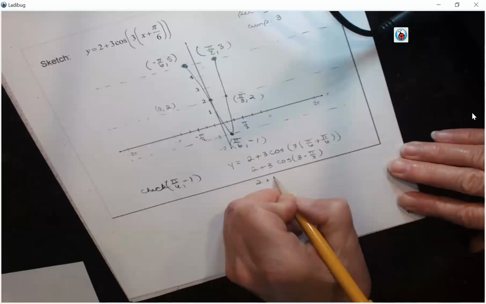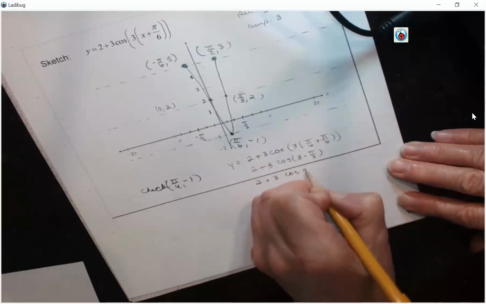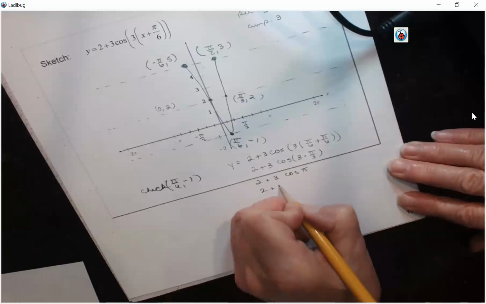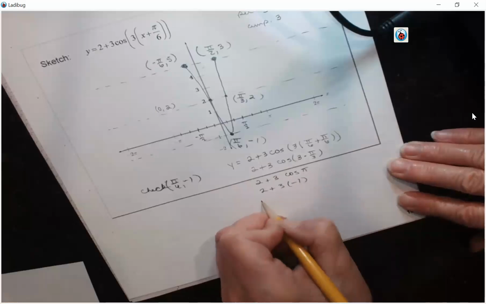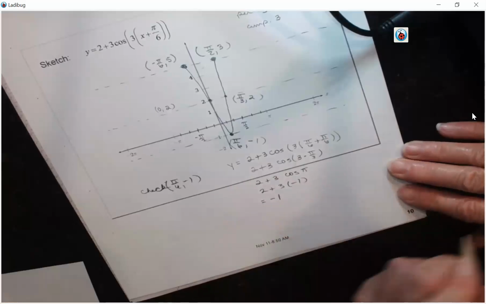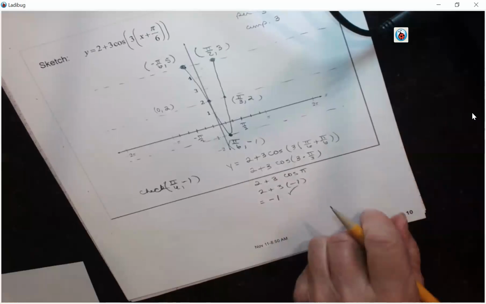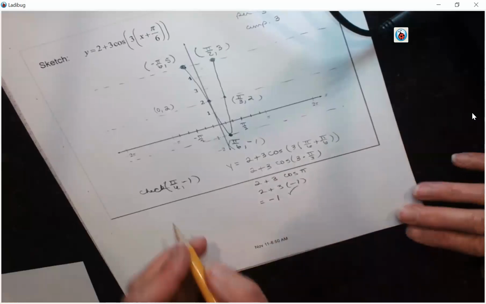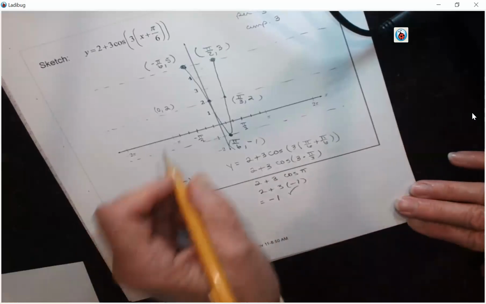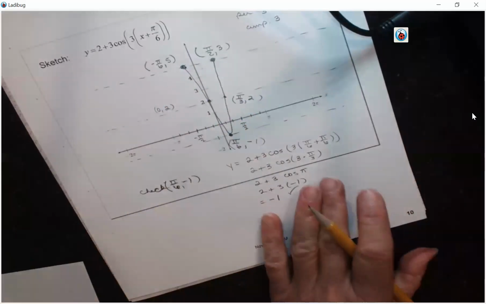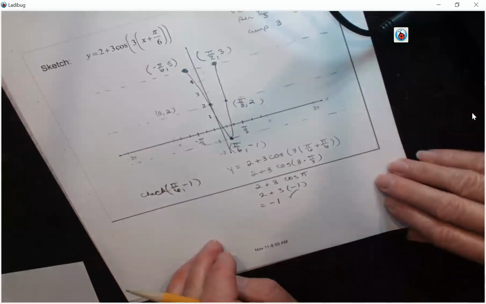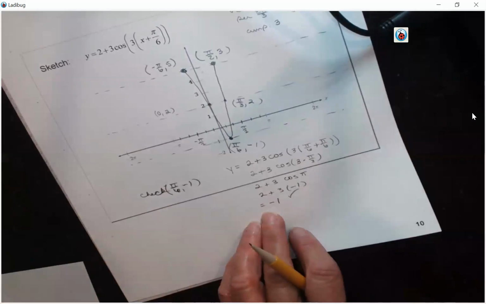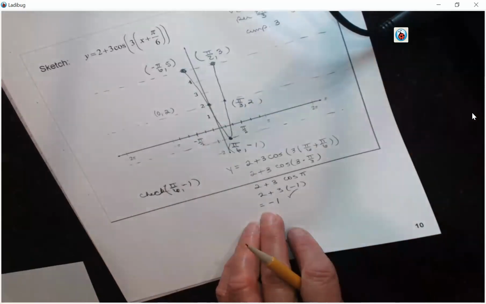That's 2 plus 3 times the cosine pi. That's 2 plus 3 times negative 1. And that does give us negative 1. So that's a good answer, right? So I was able to check that I had the correct point there. And you could check these others as well, and you'll see that you have the right thing there. Or even you could check the point 0, 2 and see if that works in your equation.